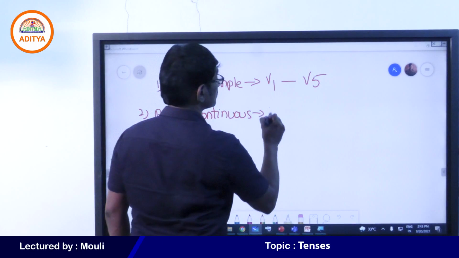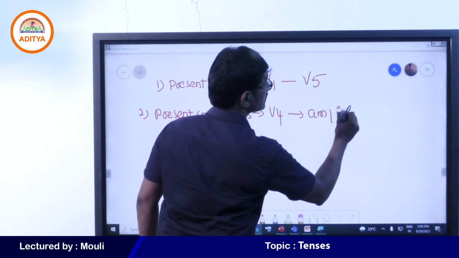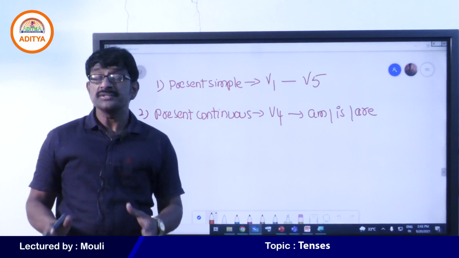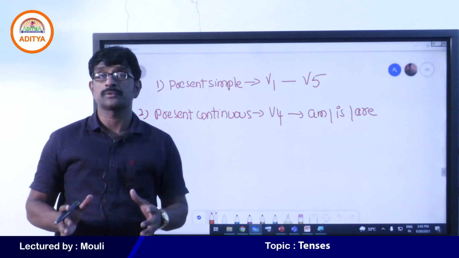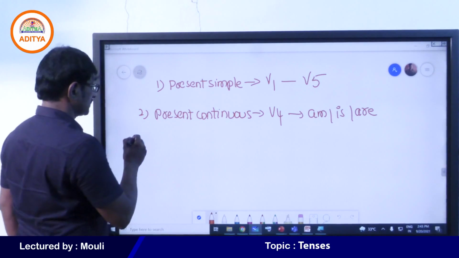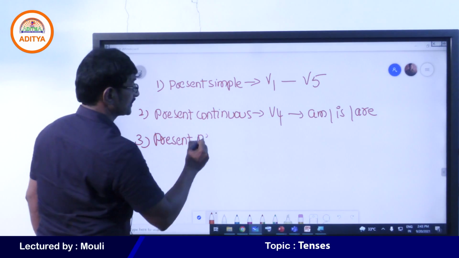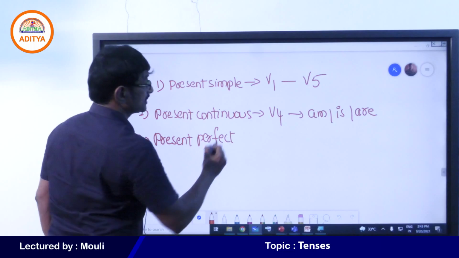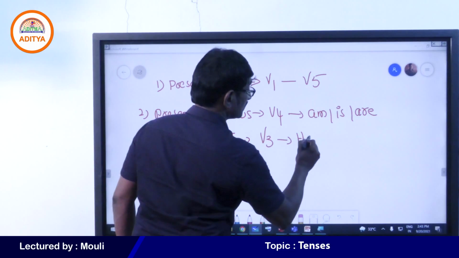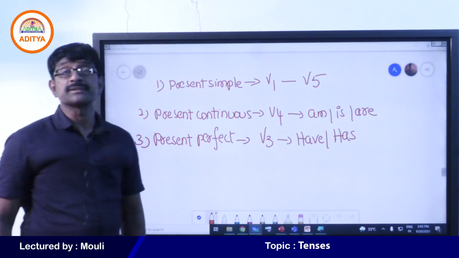In present continuous, we have V4 with am, is, or are. When we go with the present perfect, we have V3 with have or has.